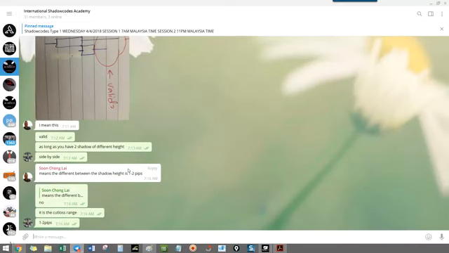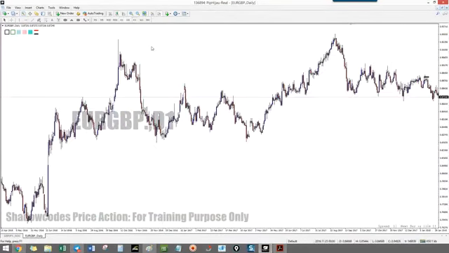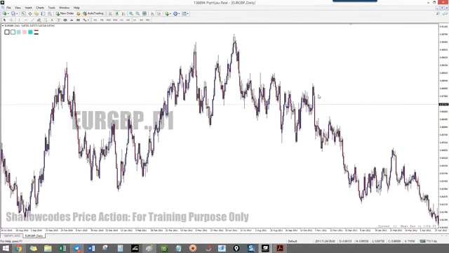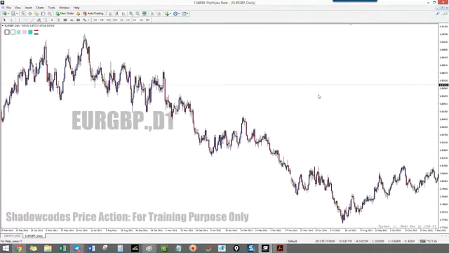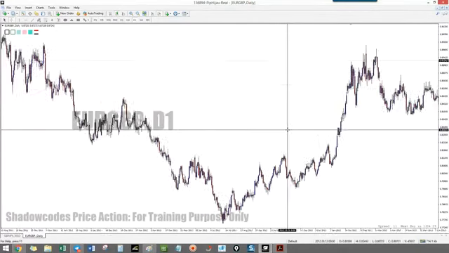It doesn't matter the different height. Look, this one you have about 5 pips. On daily, let's find a daily ST1. Wait a moment. Daily ST1. Can you get that? Nope.